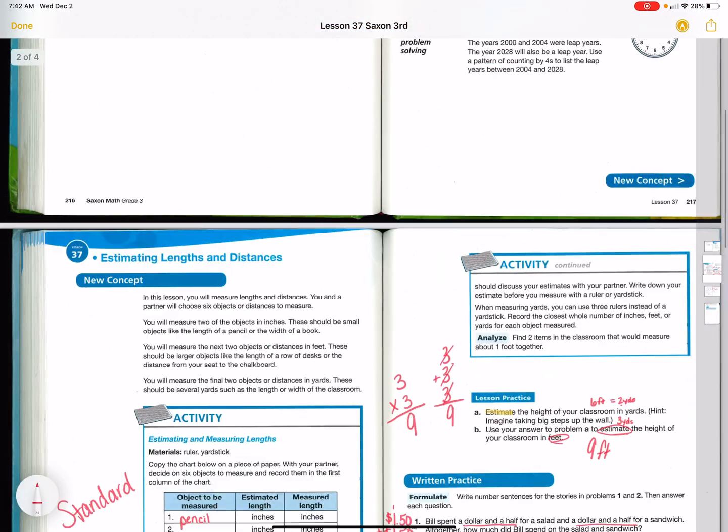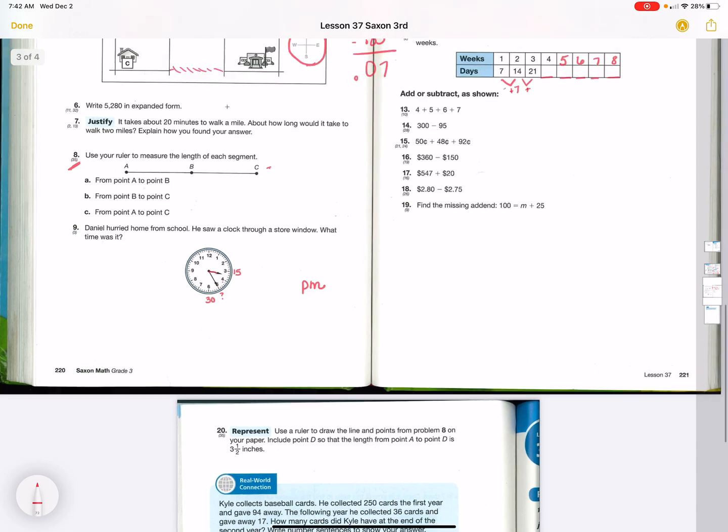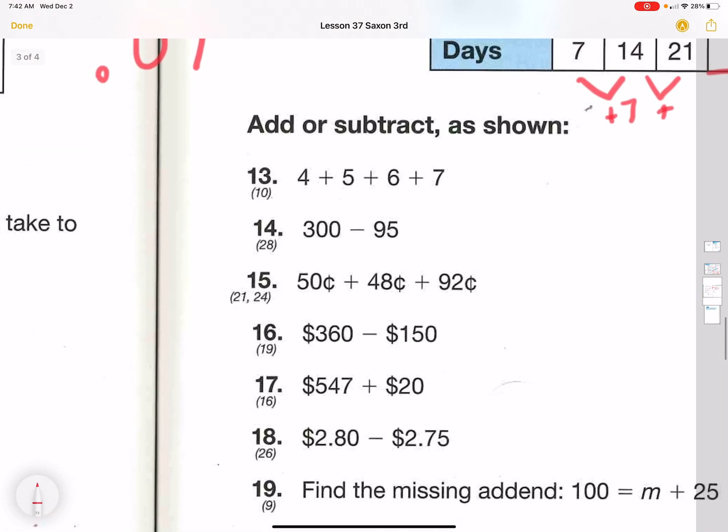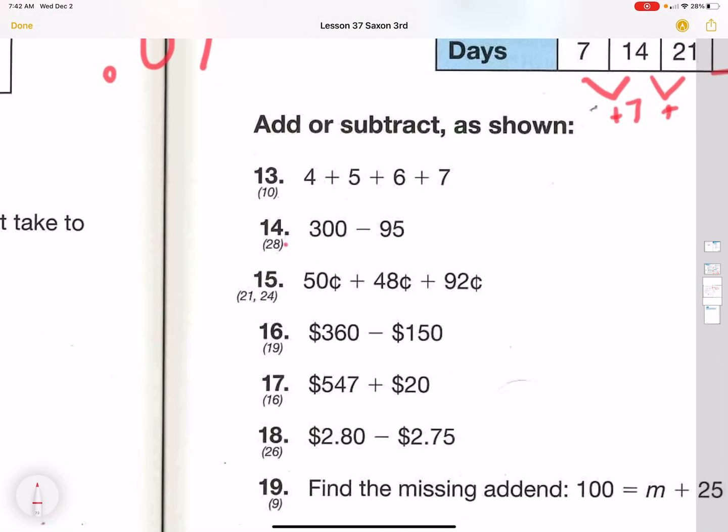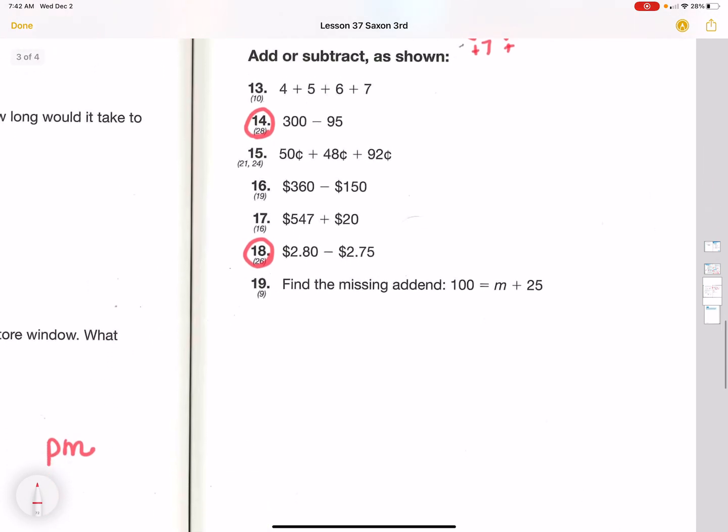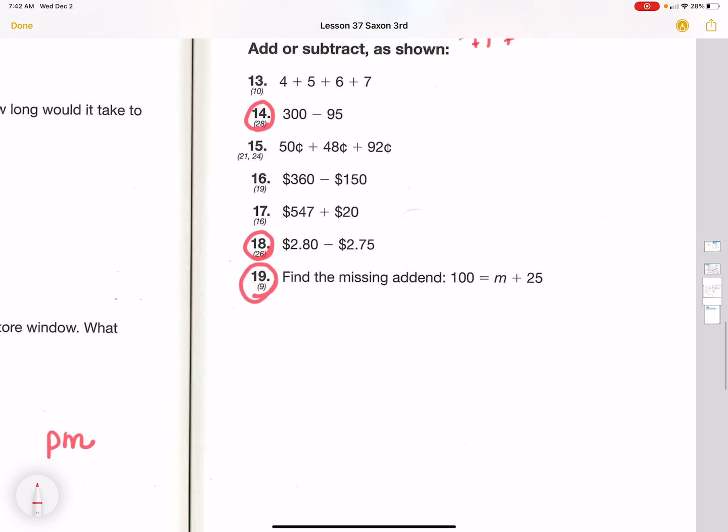And another question I got yesterday is on what numbers do we need to borrow? You will borrow on number 14. And you will borrow on number 18. You will borrow on number 19 because this is 100 minus 25.